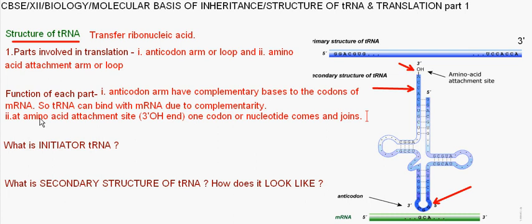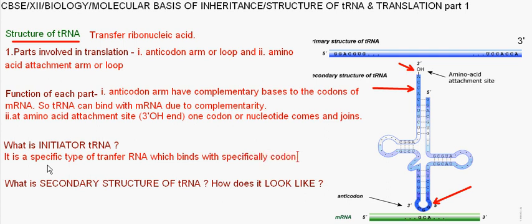Now next part, what is initiator tRNA? It is a specific or special type of transfer RNA which binds specifically with codon AUG, which codes for methionine.